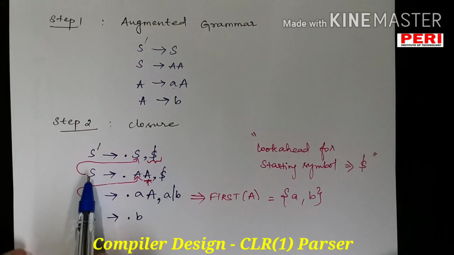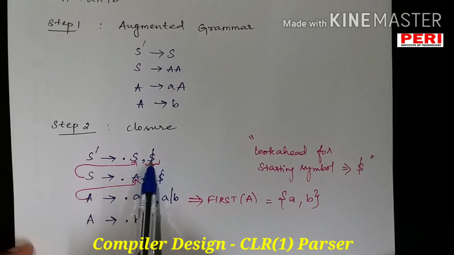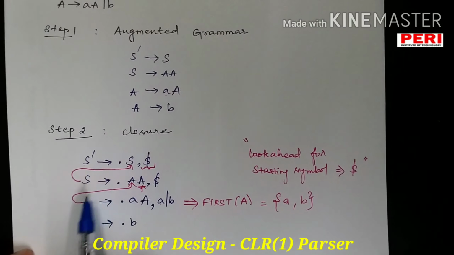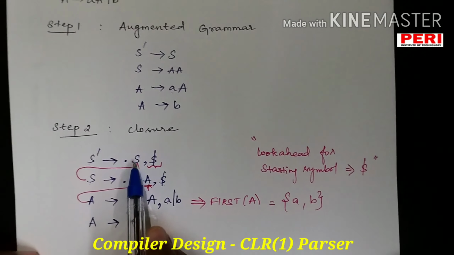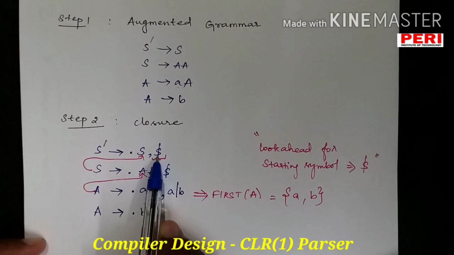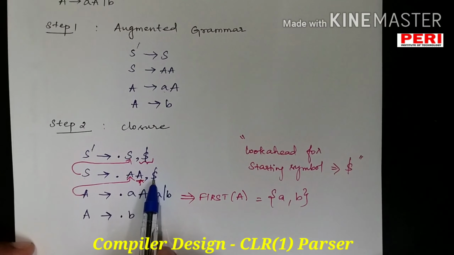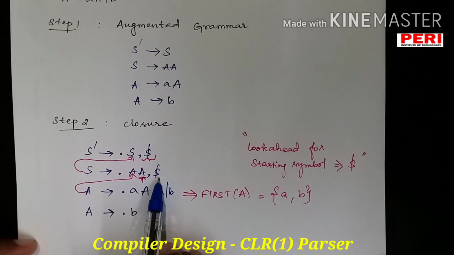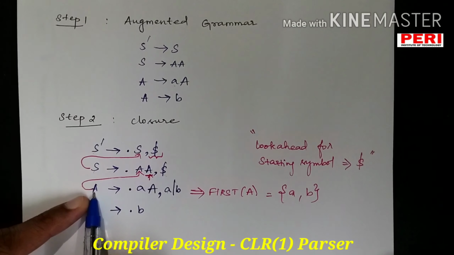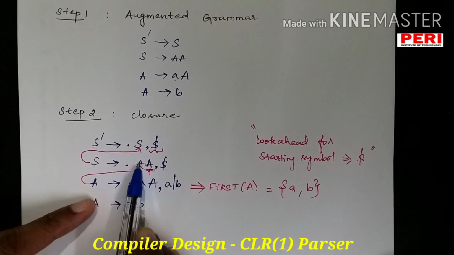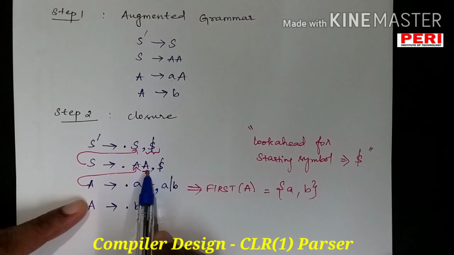Hope you understand. Since S dash is the starting symbol, dollar is my look ahead. Coming to the S production, I'll be looking at the S in the previous production. It is followed by only the dollar sign, which is a terminal. Therefore, I'm directly adding it to the S production as look ahead. Coming to A's production, I'll be looking at the previous A. Here, A is followed by a non-terminal.